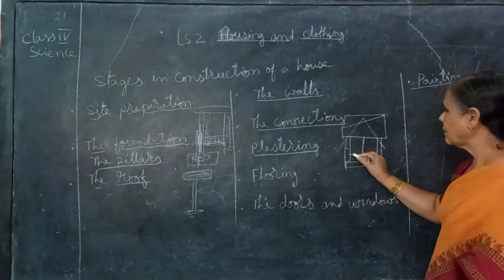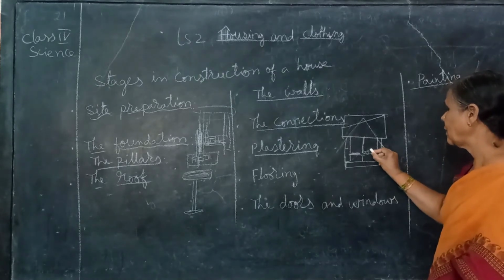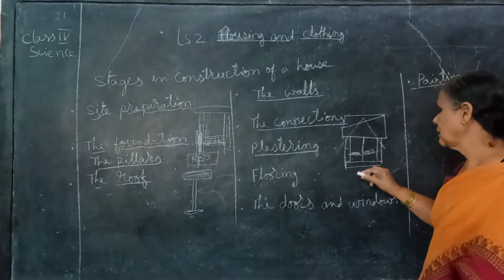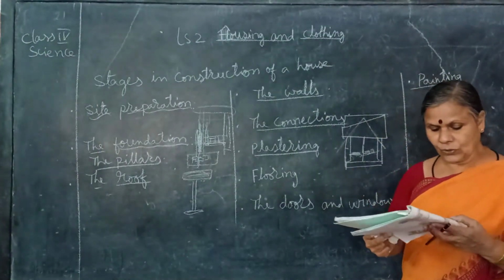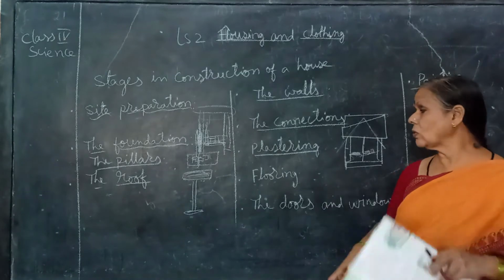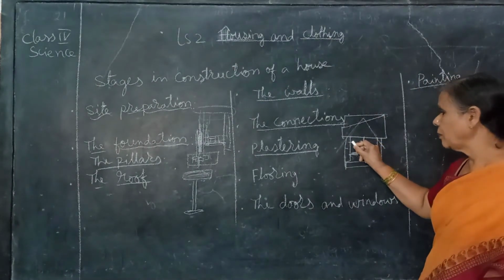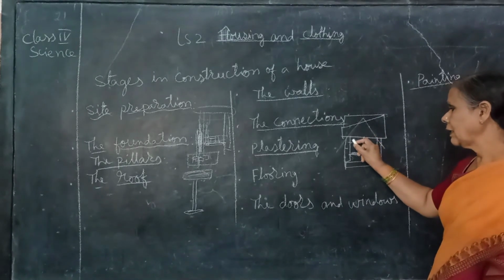After that, here it is flooring. You can see tiles and all set up. They do the flooring. Then doors and windows are fitted here, whether wooden or iron, any type they will fit.